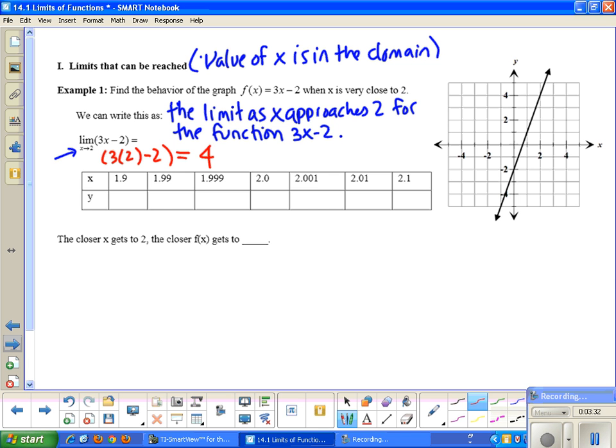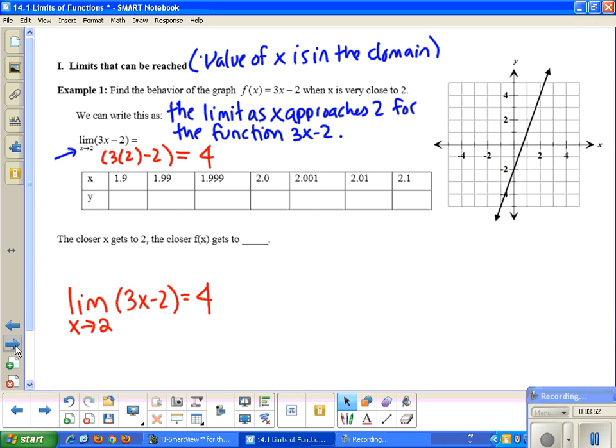So I know that the limit as x approaches 2 for this function 3x minus 2 is equal to a value of 4. That's why these are easy limits, because when it's in the domain, you can just plug the number in. We can also graphically show this.